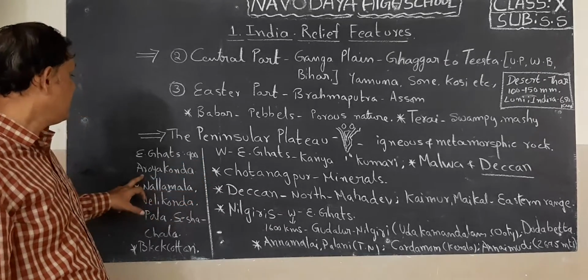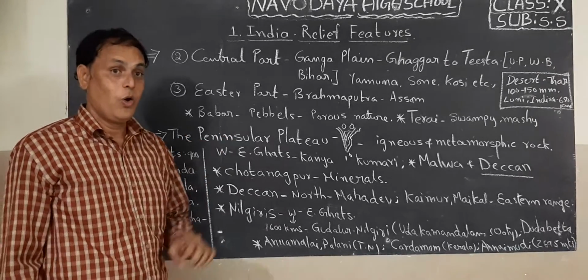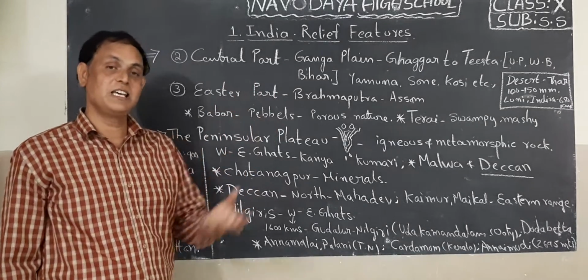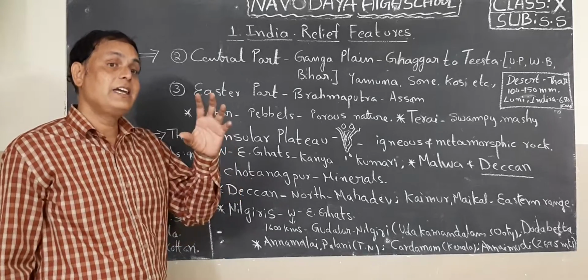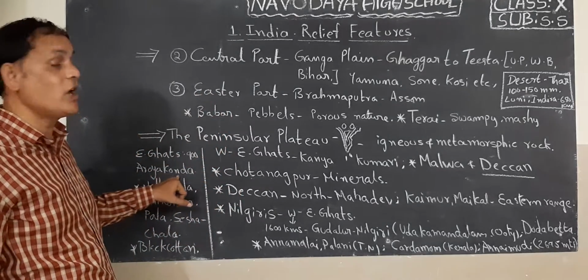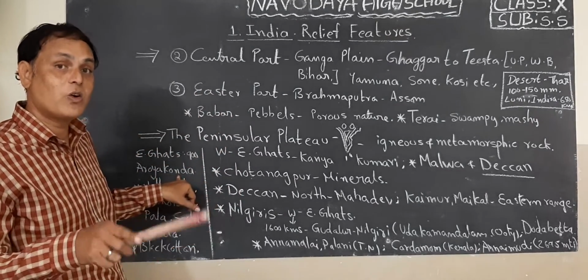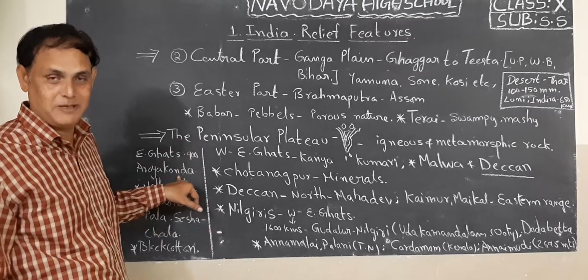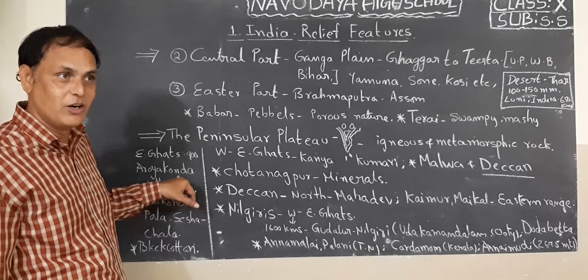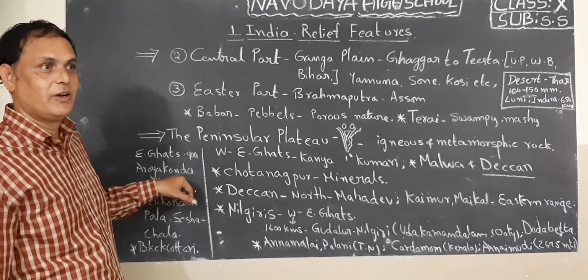Next one. Here in the Eastern Ghats also one of the highest peaks is there, children. That highest peak's name is Aroya Konda. This Aroya Konda is located in our Andhra Pradesh at Chintapalli.